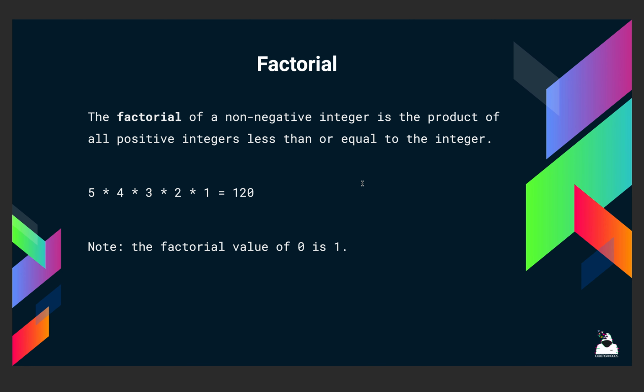Right, so our next problem is factorial. The factorial of a non-negative integer is the product of all positive integers less than or equal to the integer.